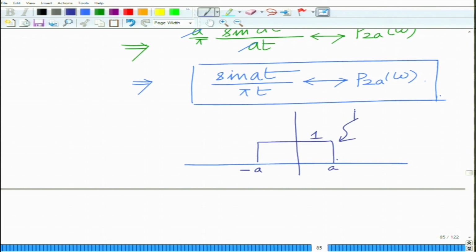Okay, and so sine a t over pi t has a Fourier transform p of 2a omega, which is the pulse of width 2a, centered at 0, from minus a to a, and of height 1 in the frequency domain, in the angular frequency, omega domain.